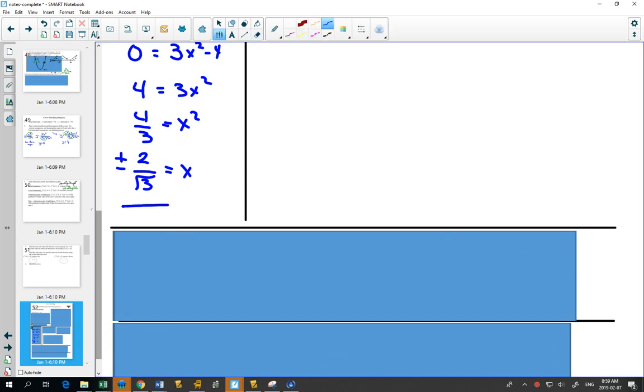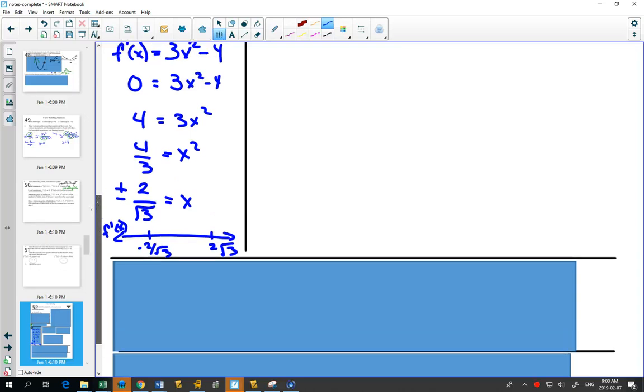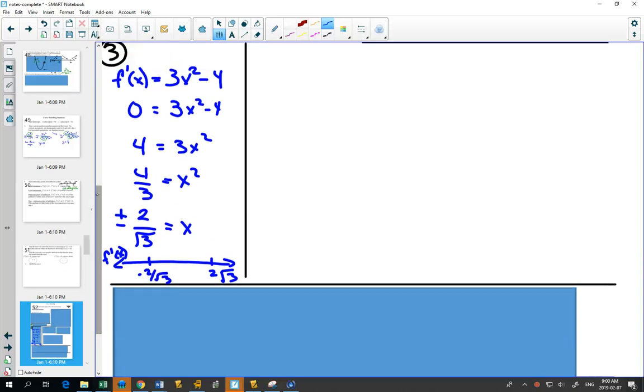I would plug that into my number line at negative 2 over root 3 and 2 over root 3. Again, I kind of like labeling f prime of x beside this number line. What happens when I put a very large number into f prime of x? Like 100. 100 squared is big. Times 3 is big.